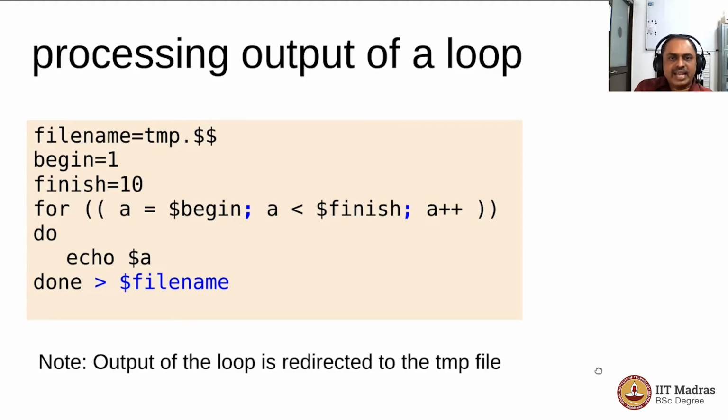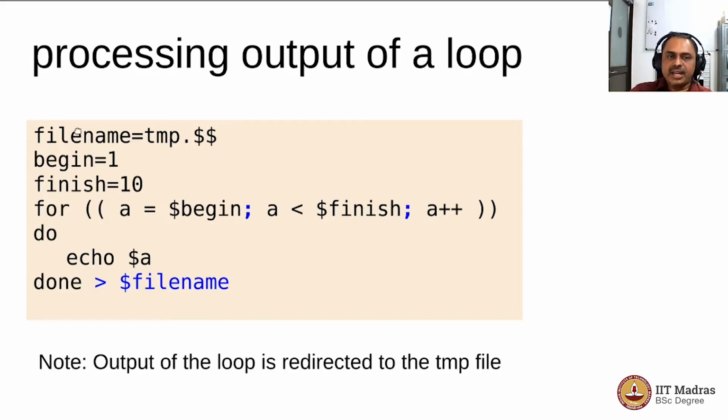But it is elegant if you can also do some of it within the shell, and a very nice feature is available here. You have the loop written exactly like any other loop, but after the end of the loop, if you have a symbol for redirection of the output and a file name is given, then the output of the loop alone is going to be put in that particular file.